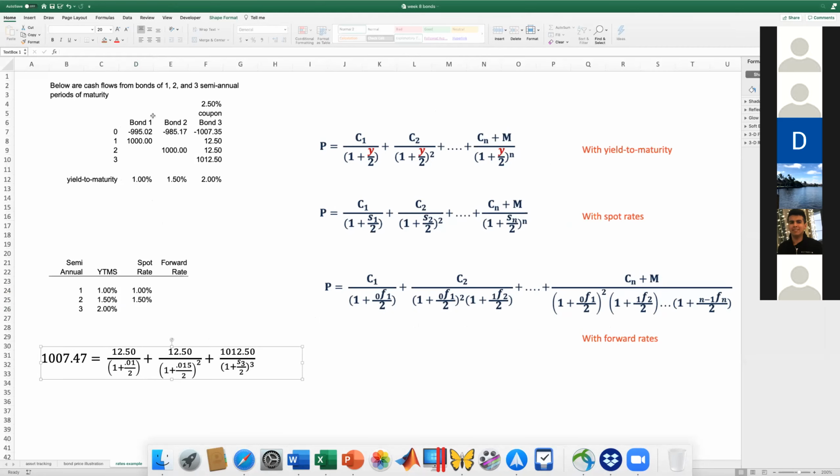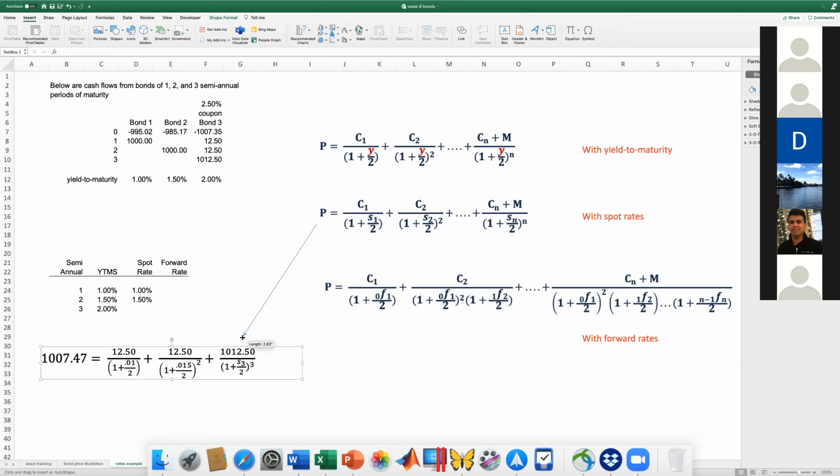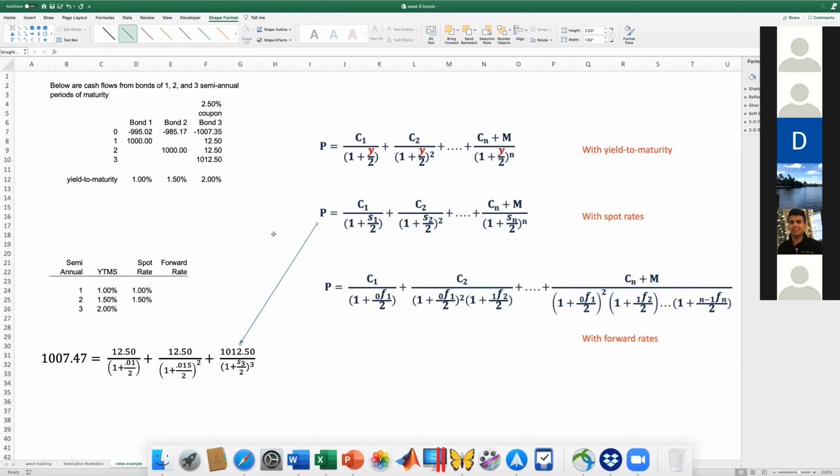this formula, and let me just draw a curve here. You can use this formula right here to calculate the spot rate for period 3. And here's what you have to realize. Spot rate 1, you know that, 1%.